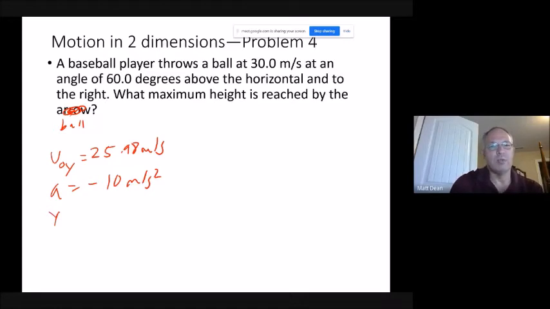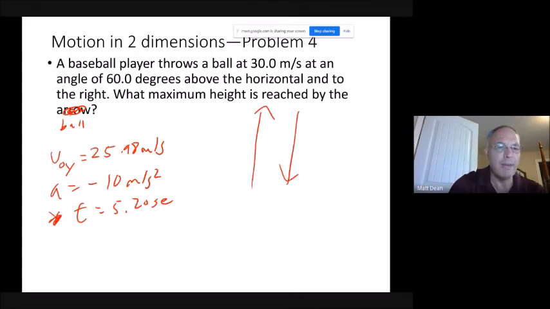So there's several ways we could do this. Maybe the easiest way would be to think about the time. So remember, our total time in the air was 5.20 seconds. That's the time up and the time down combined. Since the acceleration is the same on the way up as it is on the way down, the time on the way up is the same as the time on the way down, which means it takes 2.6 seconds to get up and 2.6 seconds to get back down.